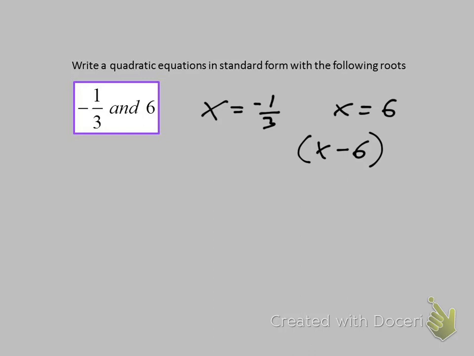Now, think about this. How did we get that negative 1/3? Reverse engineer it. Where did it come from? You subtracted a 1 over, and you divided by a 3.